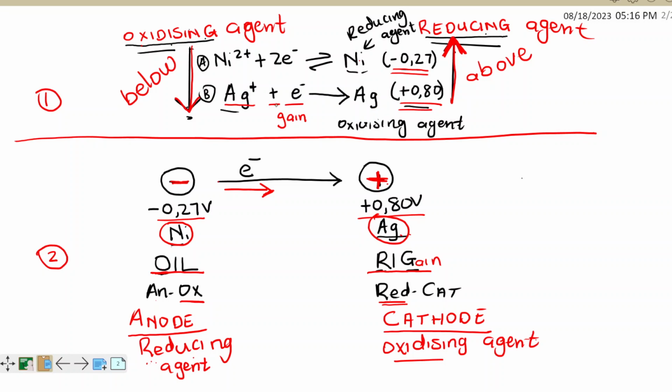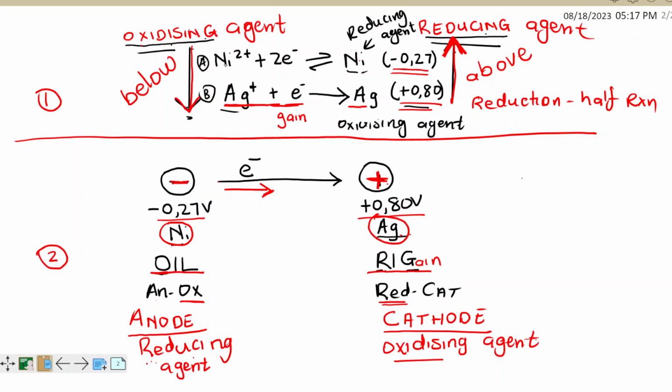You can see now that the half reaction, which is called the reduction half reaction, Ag+ plus 1 electron gives us Ag in solid form. I just changed the double arrow into a single arrow. This now is called the reduction half reaction.